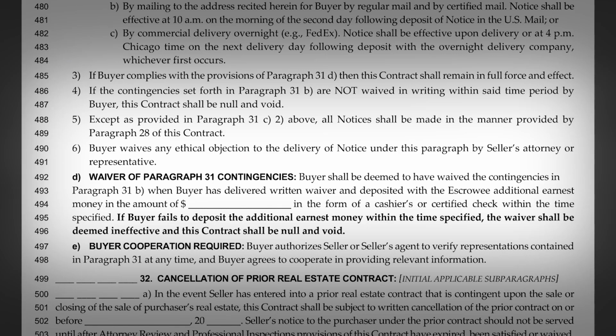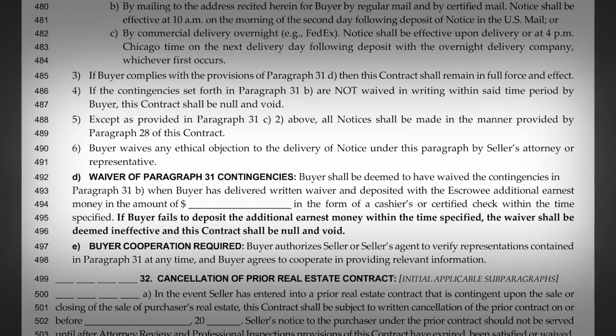All right. As we move down, subparagraph D, it's the waiver of paragraph 31 contingencies. This is if the seller gets another bona fide offer and they come back to this buyer and ask, can you remove your contingency, whether it's house to sell, house to close? If that buyer is able and willing to remove that contingency, paragraph D, that starts on 491, will be implemented.